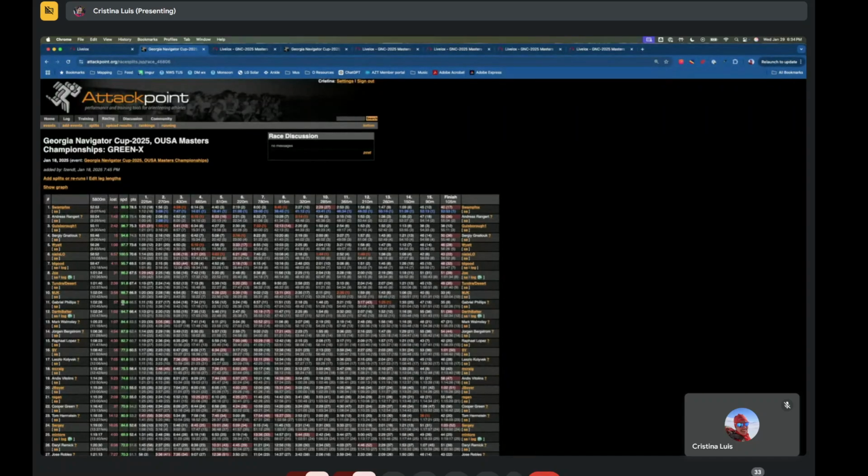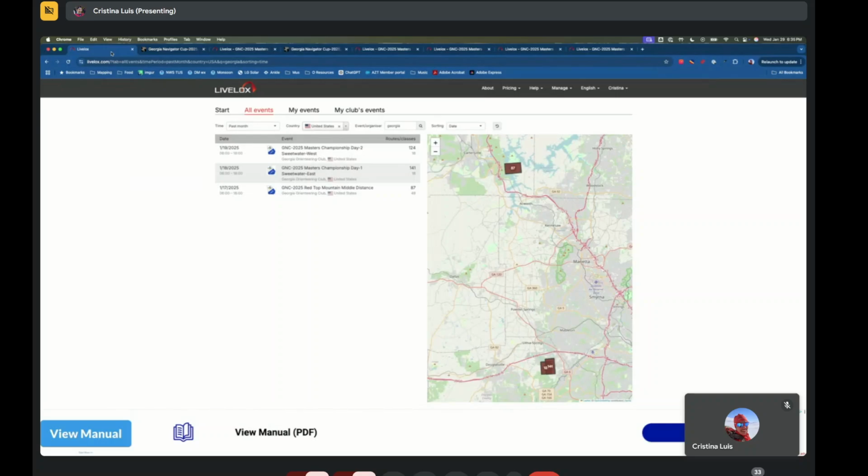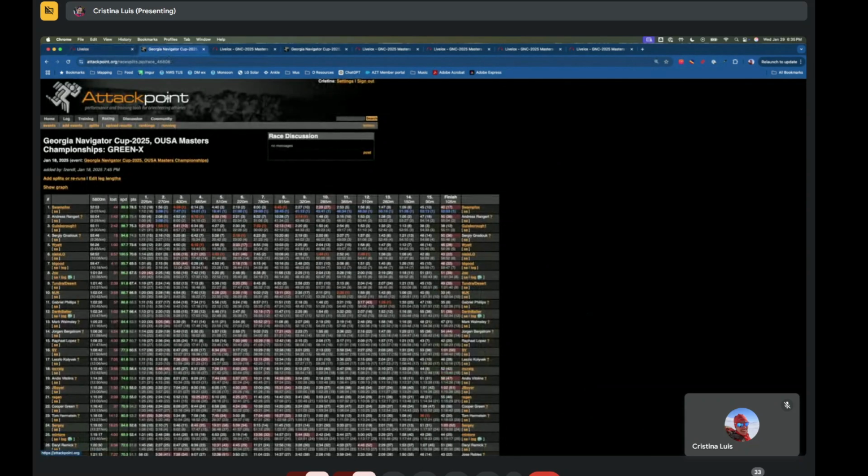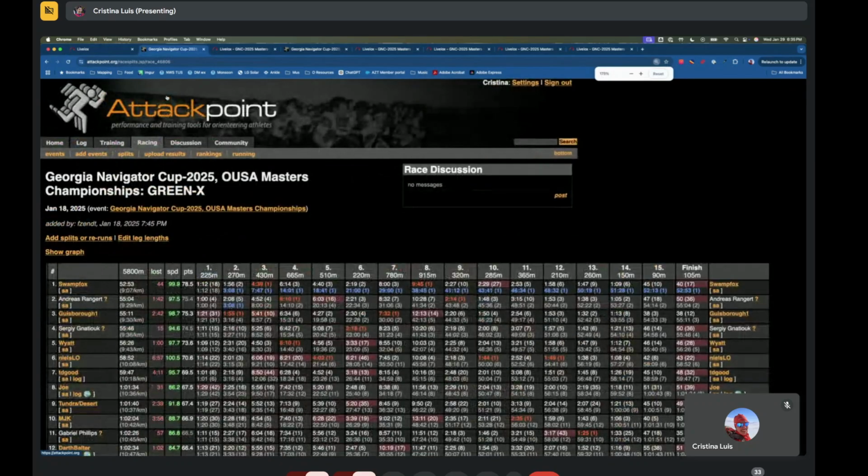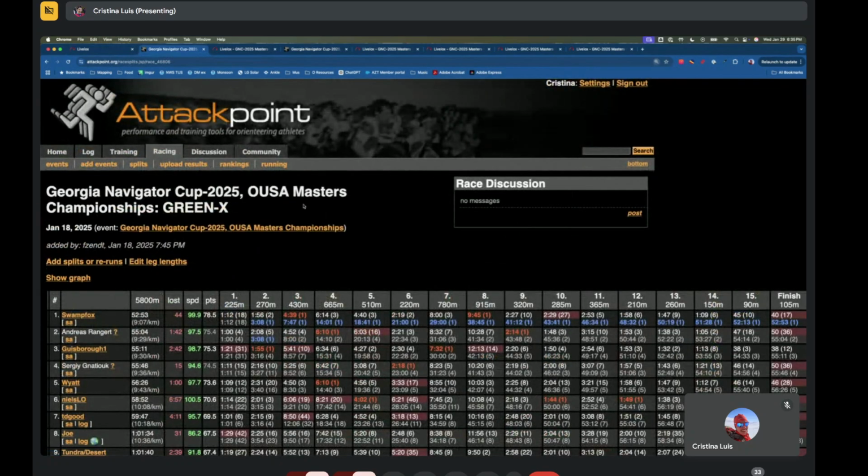Attack Point calculates the speed you were going independent of where you placed in the event. You might have been running really fast because some of your splits were really fast, but you made a lot of mistakes, so you were down on the list, but you may have a high speed marking, and that can be useful when comparing routes. Can you zoom in some so everybody else can see? Thanks for that. Those are the two main tools we're going to use tonight.